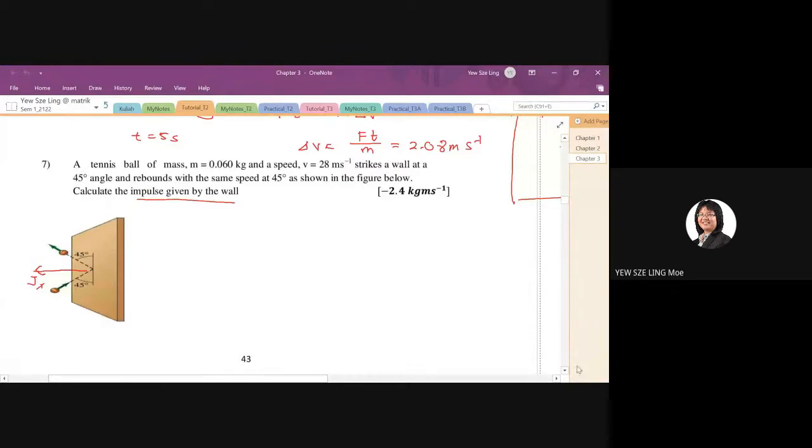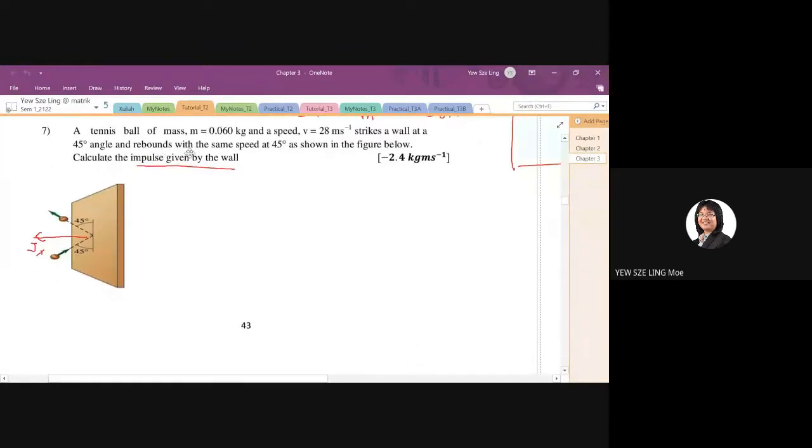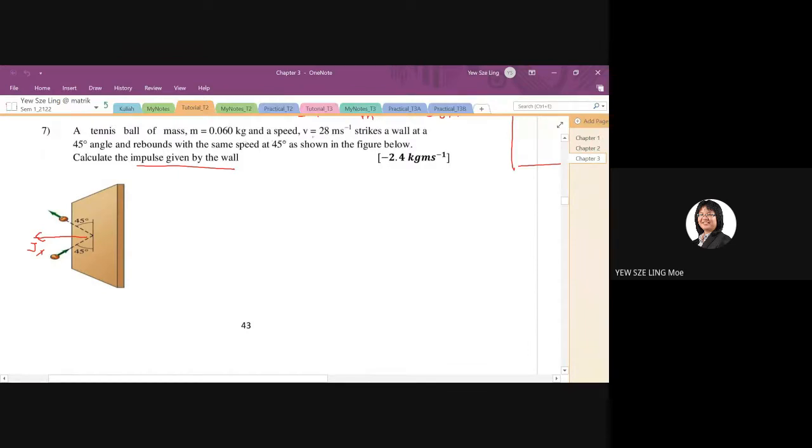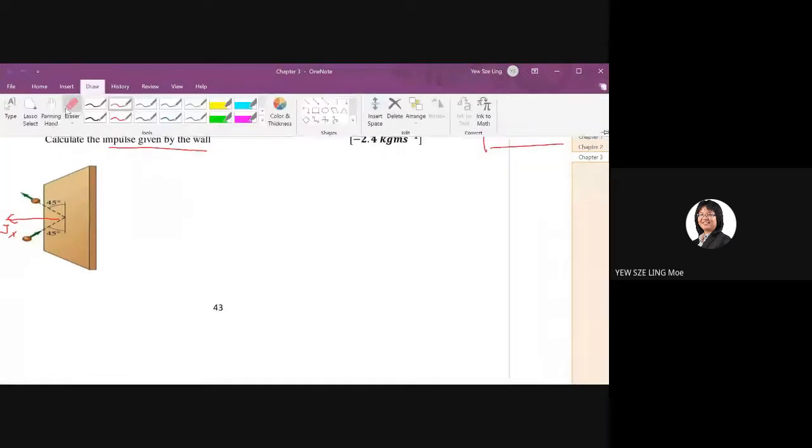All right. So a tennis ball of mass 0.6 kg and a speed of v equals 28 meters per second strikes the wall at an angle of 45 degrees and rebounds with the same speed. So what do we have right now? I'm just going to redraw it.